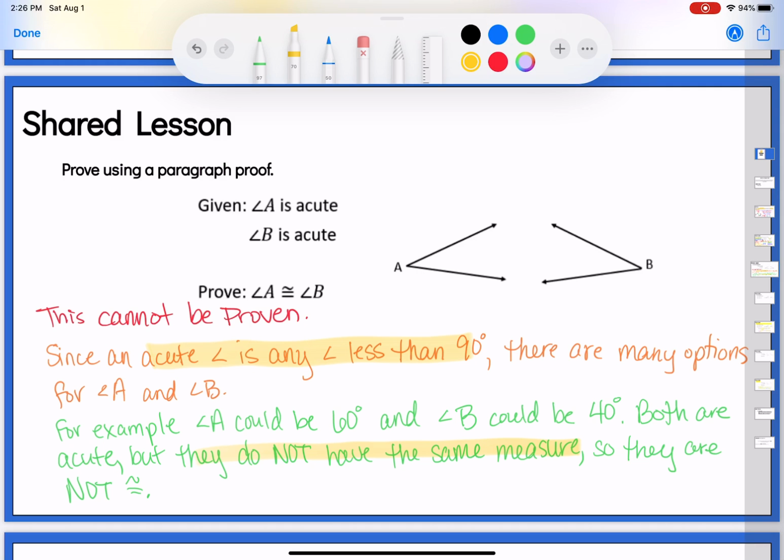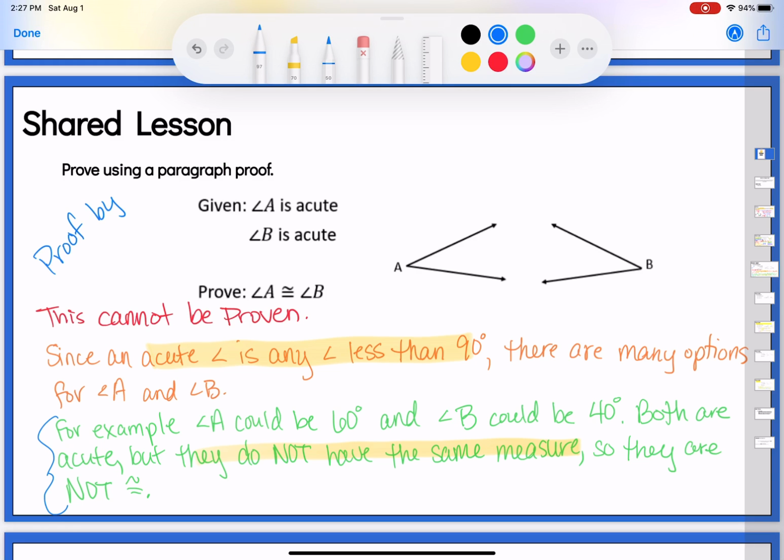But what we did there, when we had this crazy kind of proof that we said this cannot be proven, is we actually gave an example where it wouldn't work. So this part right here, this is called a proof by counterexample. I'm going to run out of space here to write counterexample.